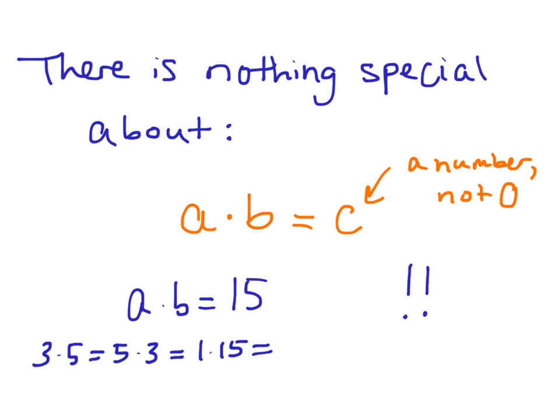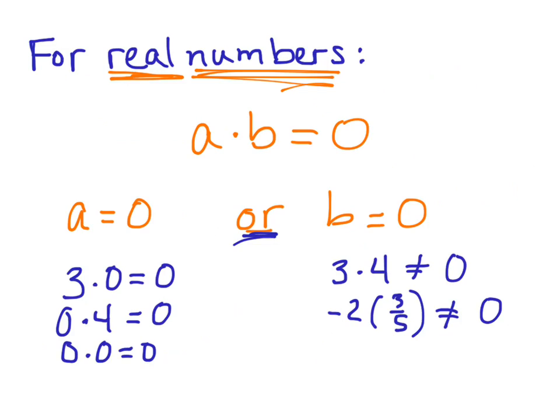No one said that these had to be whole numbers. This could be 1/2 and 30. No one said that these had to be positive. This could be negative 30 and negative 1/2. And there's actually an infinite number of options for what a and b could be. So this is not helpful if I have two real numbers equal to a number. So this property is only helpful if I have two numbers that equal 0.